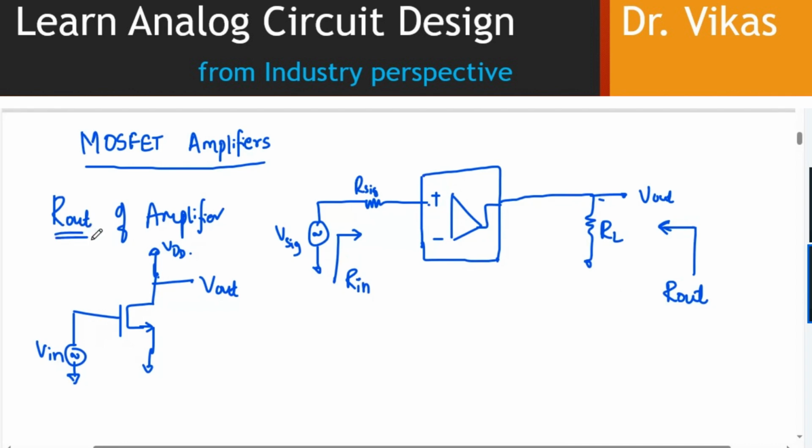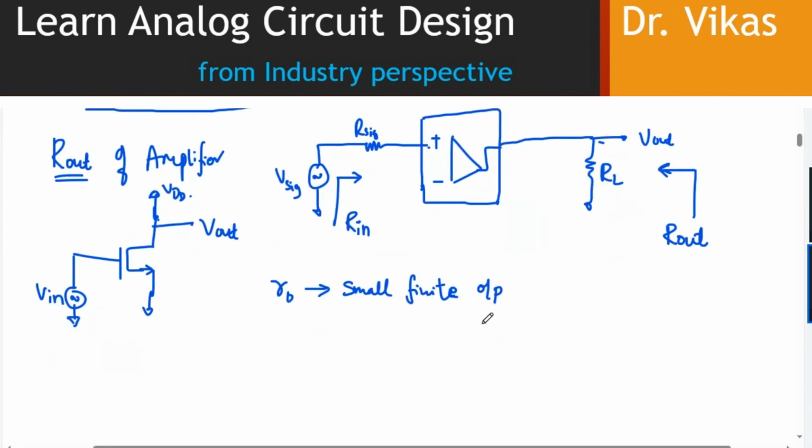Now, why R in and R out are very important, and how R in and R out are different from R naught. See, basically R naught is small and finite. It is also an output resistance because we see that resistance during the outcome of the current flow.